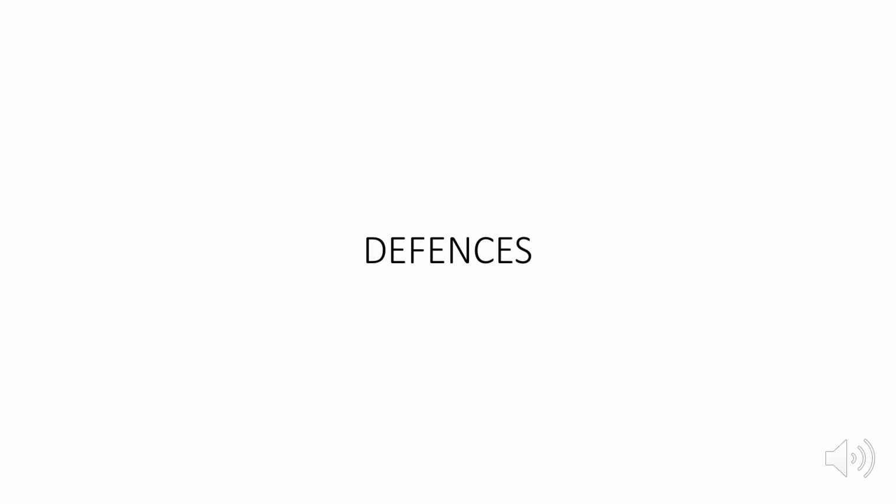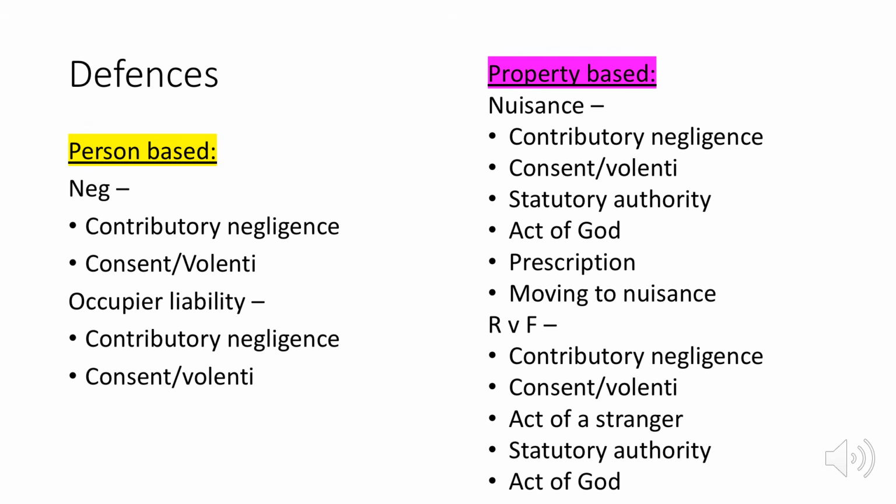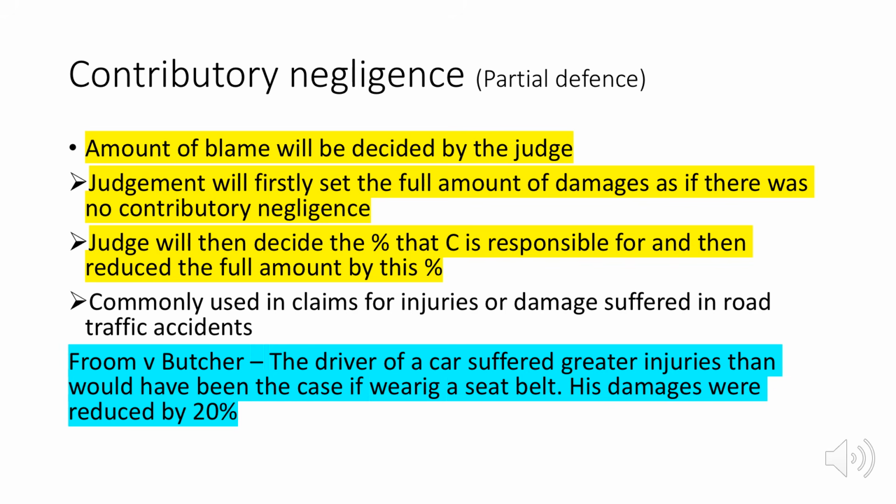Now moving on to defences. The following includes where defences are used, so where they can be used, essentially. So it might be good to take a note of this. The first defence is contributory negligence, which is a partial defence.